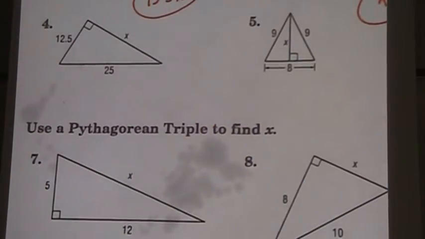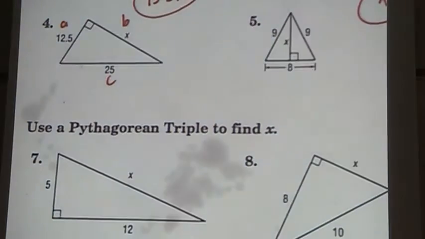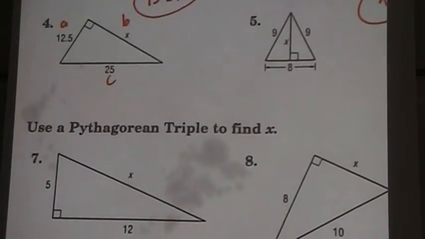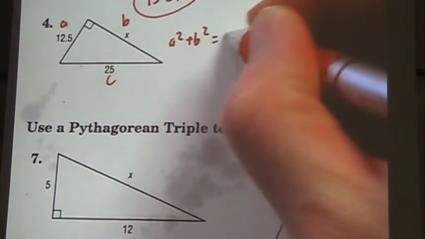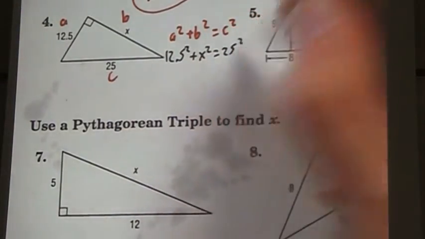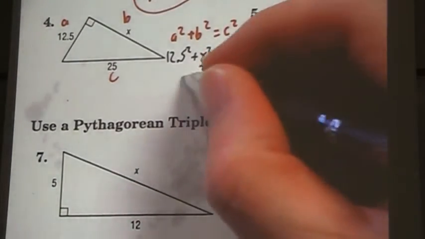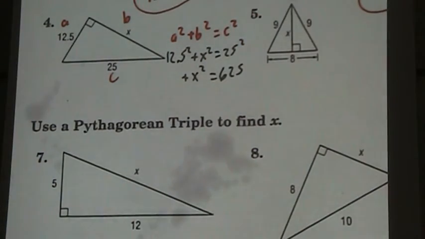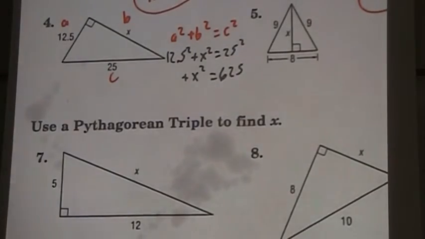So, just like on the other guys, we're going to label the side across from the 90 as our C, A, B, and we're going to go A squared plus B squared equals C squared, and we're going to go 12.5, 25 squared, and then 12.5 squared. Ooh, 156.25.